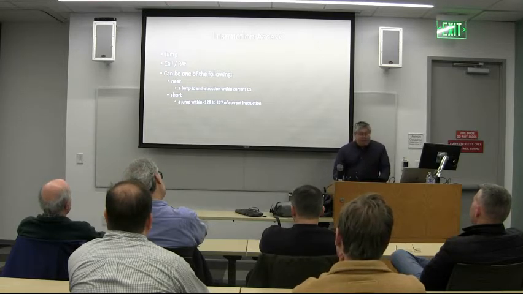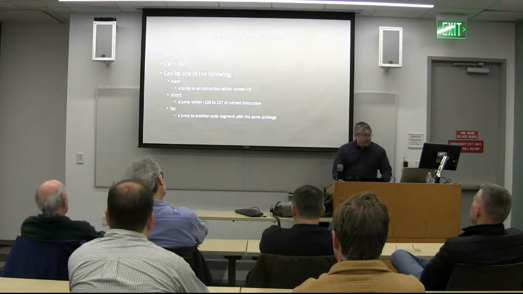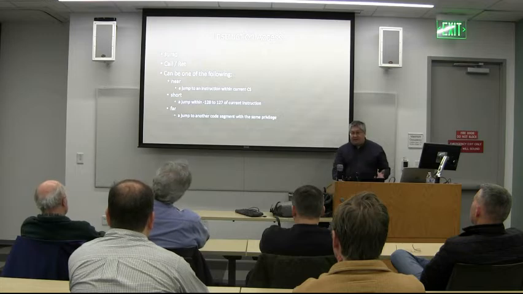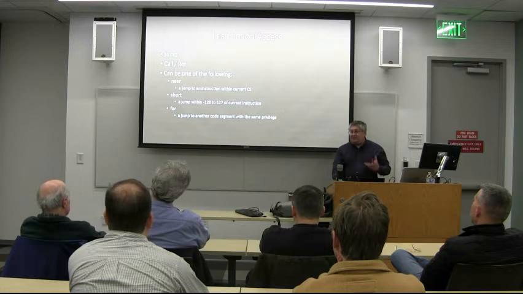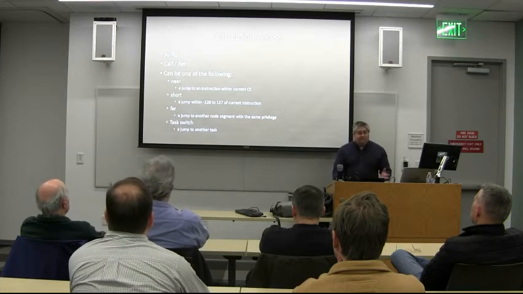Short is within 255 bits or bytes of where your current location is. A far is a jump to another application, but that has the same code segment security. And then we have task switch, which is a jump to another task, like a jump to an interrupt service routine.